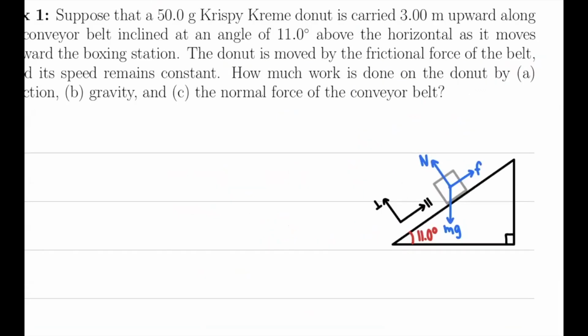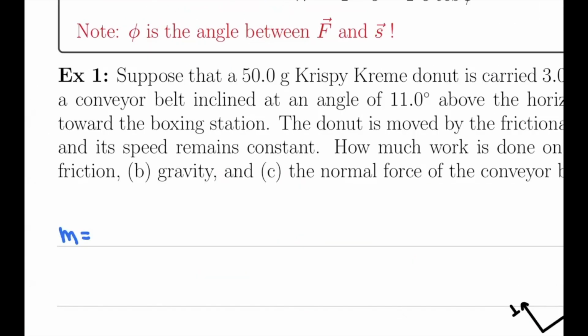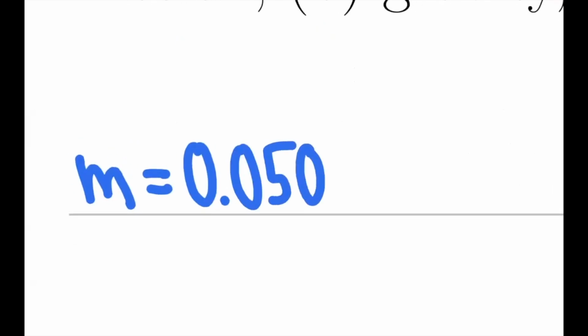Let's write down our knowns. The mass of the donut is 50 grams. What do we have to do with that 50 grams? Make it kilograms. Exactly, we want it in kilograms. So I just need to move the decimal point back 3 places, so you get m equals 0.0500 kilograms.